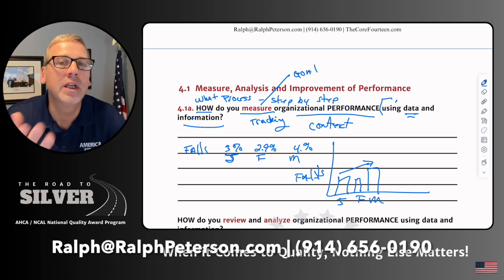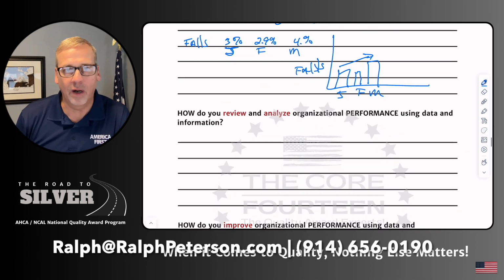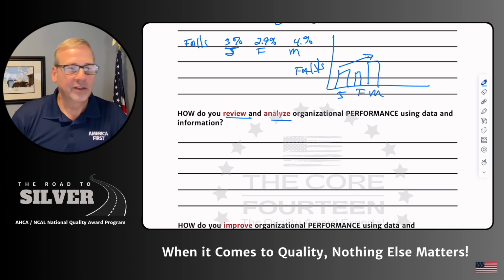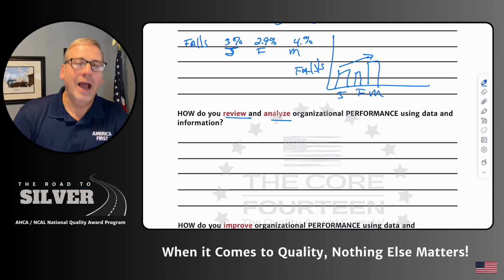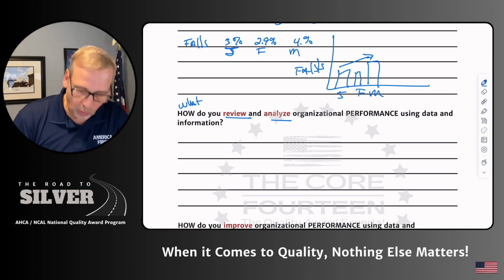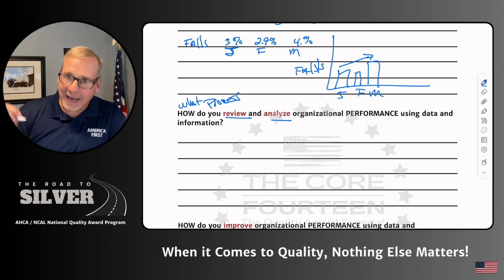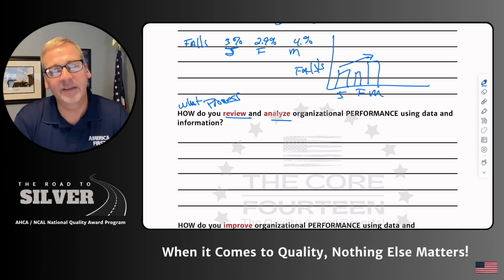Now, what are you going to use the data and information for? Well, it's to review and analyze. So now the next question is, what process do you use to review and analyze your performance using data and information?